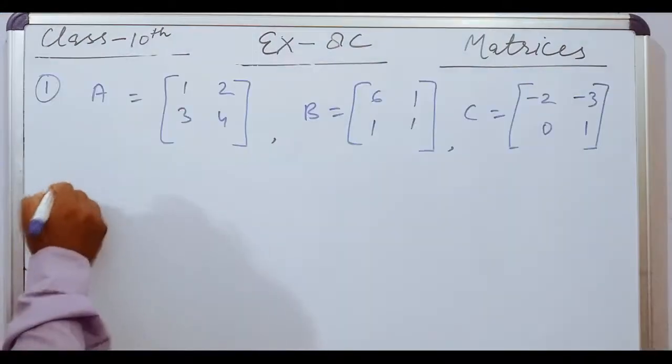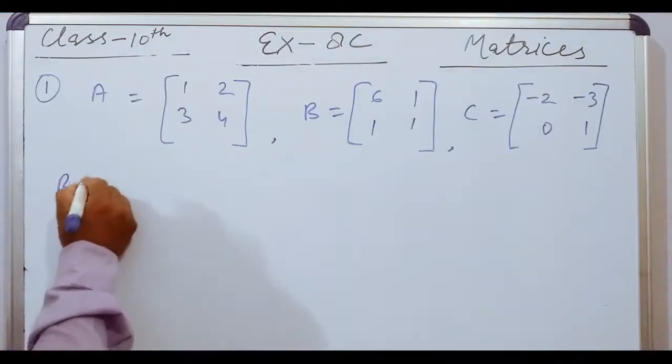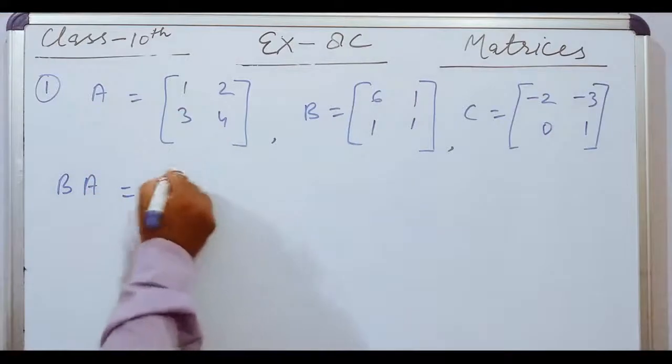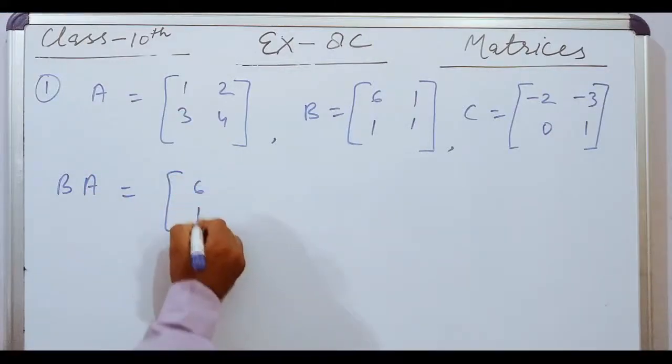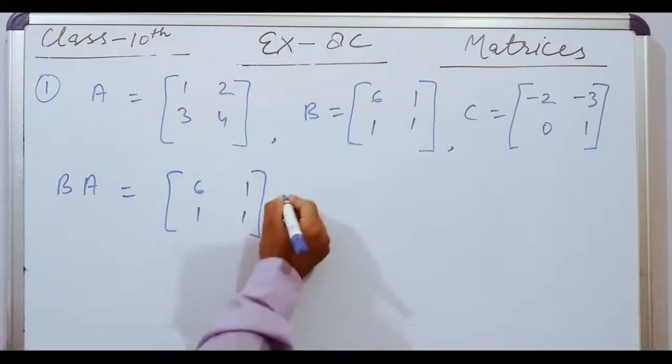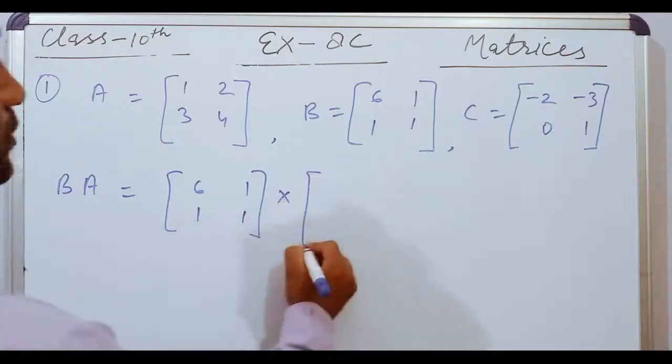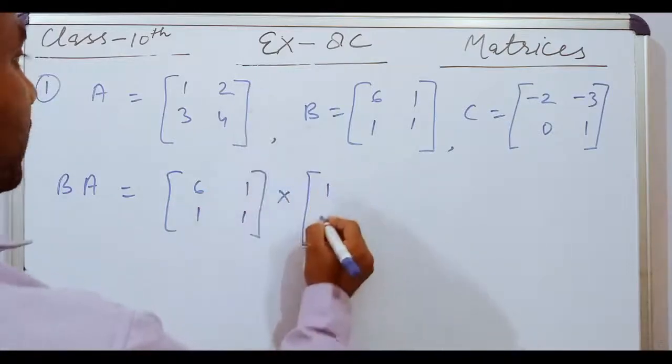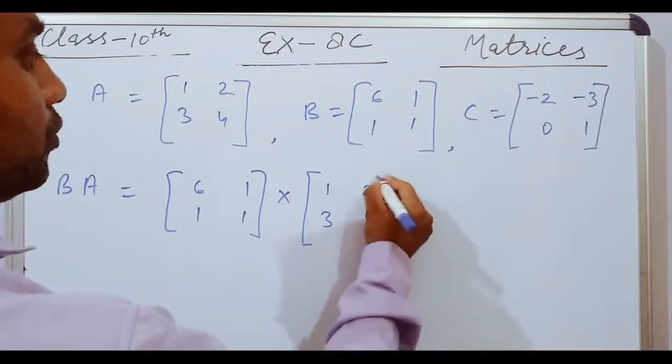Dear student, we have to find BA. B into A: [6 1; 1 1] into [1 2; 3 4].